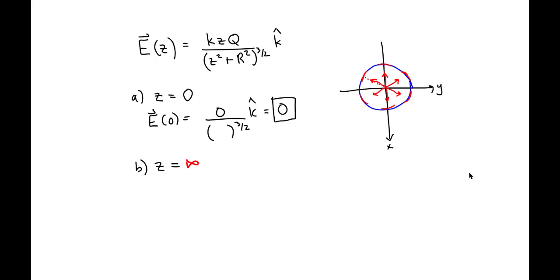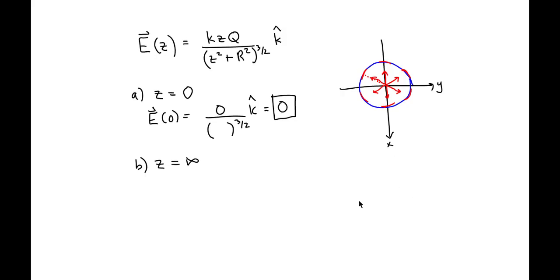What I would expect is, if we go very far away, I would expect the charge configuration to look more and more like a point charge. Actually, let's go ahead and sketch our charge again. Our expectation should be that the farther away we go from that ring of charge, it'll look less like a ring and more like a charge.